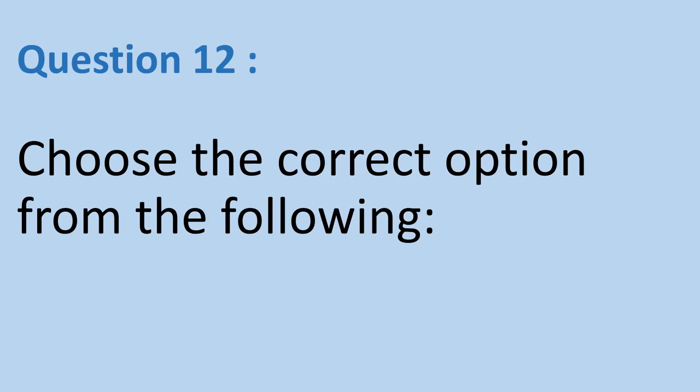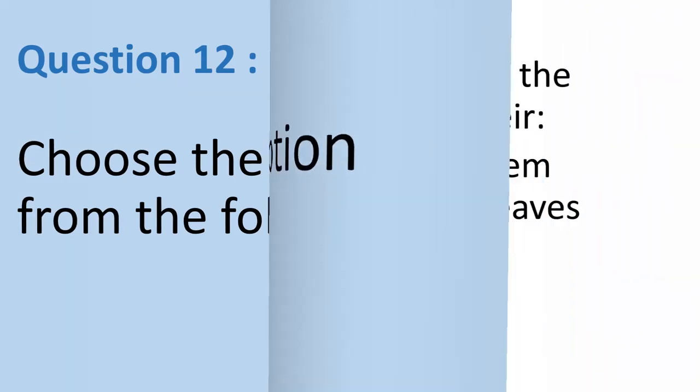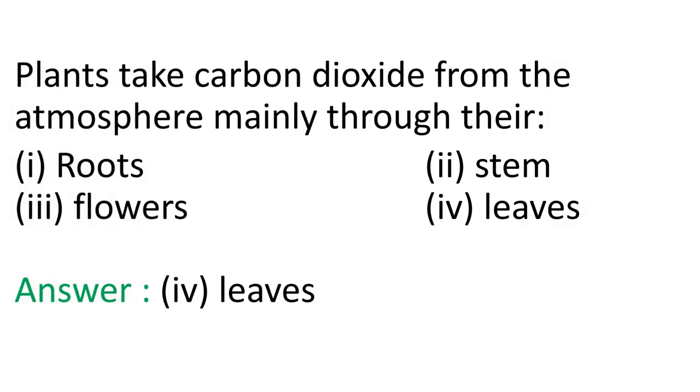It's the last question, question number 12. Choose the correct option from the following. Plants take carbon dioxide from the atmosphere mainly through their option 1. Roots. Option 2. Stem. Option 3. Flowers.